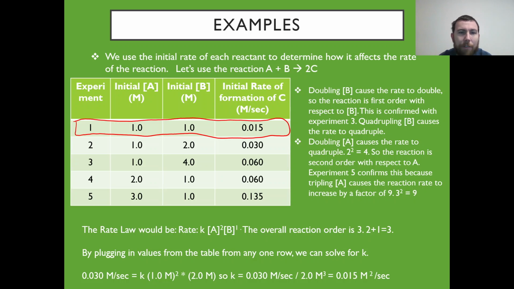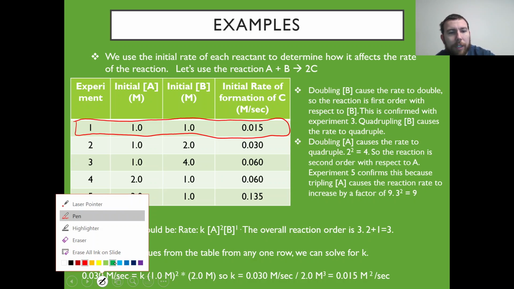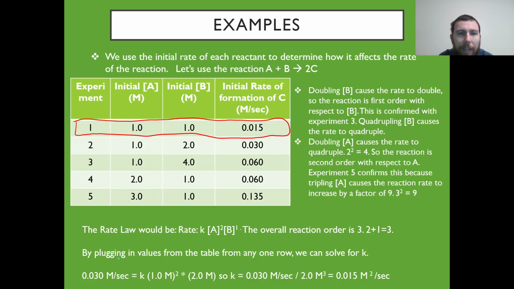Now, if I wanted to determine the order of reactant A, I would need to look at the experiments that have been done, and I need to look for cases where the concentration of B was held constant. Looking at the experimental data, what we see is that in experiments 4 and 5, the concentration of B was held constant.